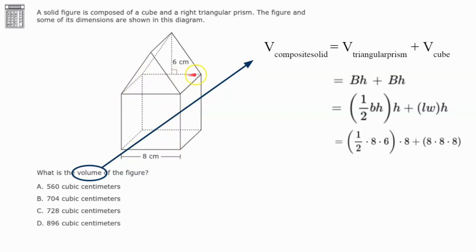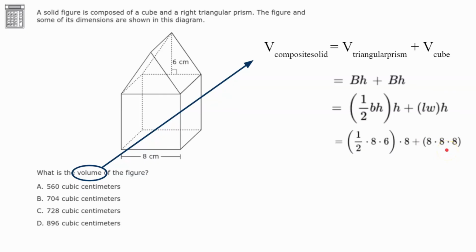So all of these sides are 8. So 1/2, the base of the triangle is 8 times the height of the triangle is 6. And the height of the triangular prism is this side right here, connecting the two triangular faces, which is the side of the cube. So we know it's 8. And then all 3 sides of my cube, length, width, and height, are all 8.